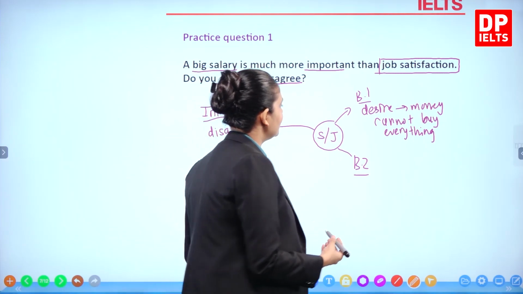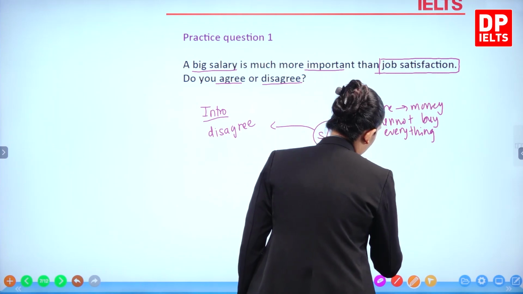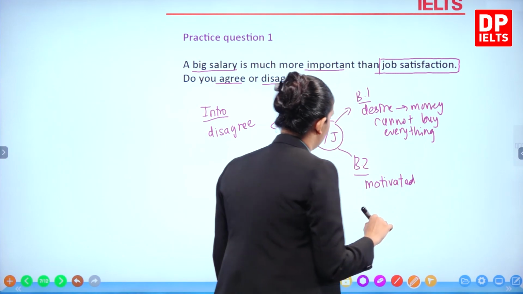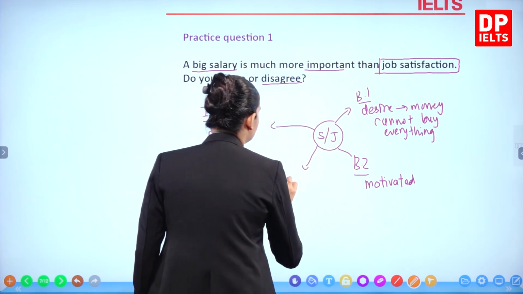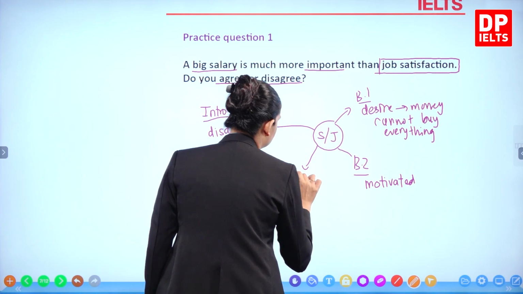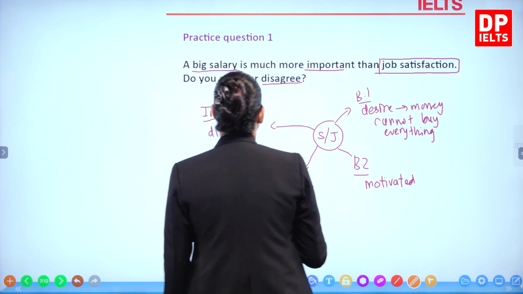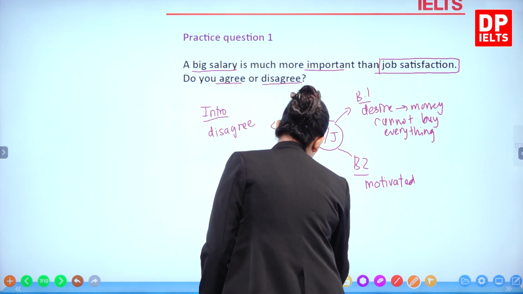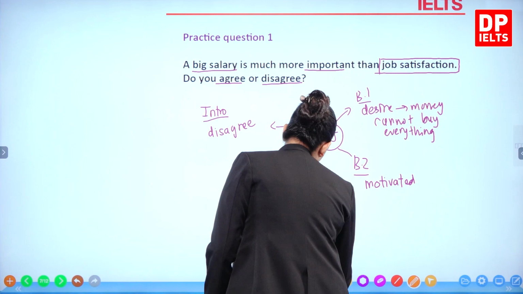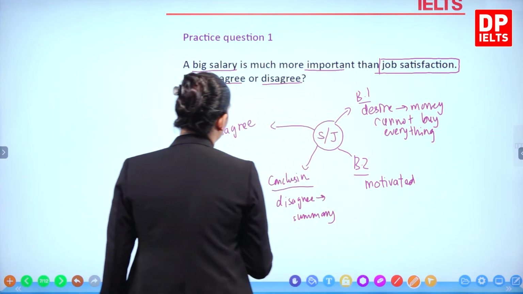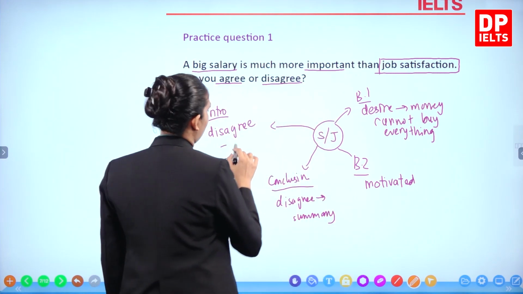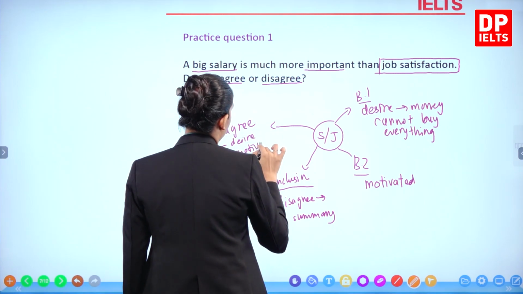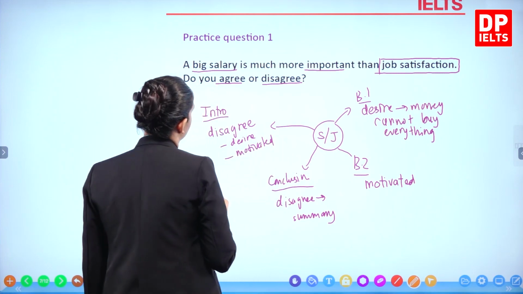And the second reason, I think it keeps you motivated. So in conclusion, I would say why I disagree and a summary of the points. So here I would need to write about my desire of fulfillment and that it keeps me motivated.